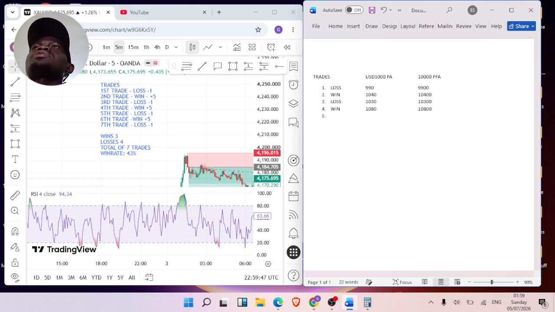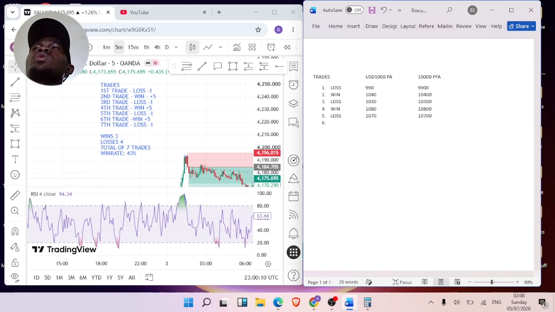So the fifth trade was a loss, that is minus 1%. 1% from our personal account moves down to 1070, and our pro forma account moves down to 10,700.